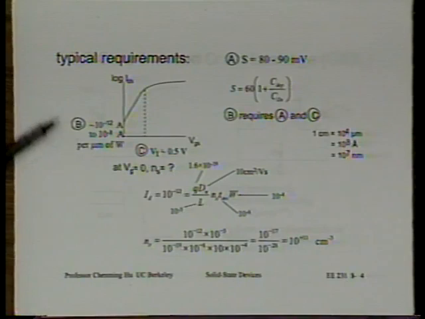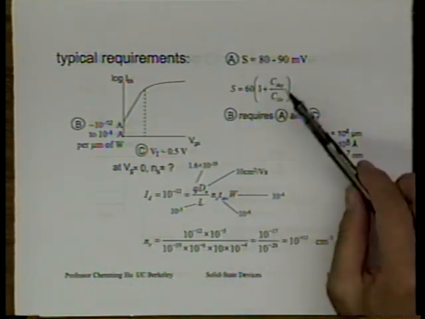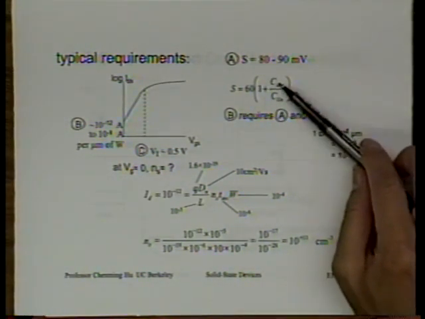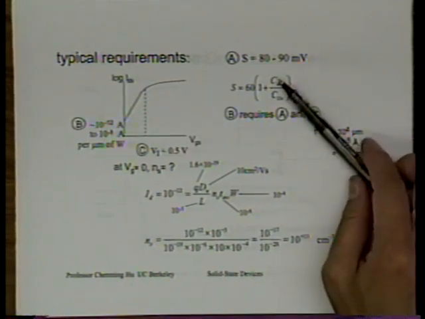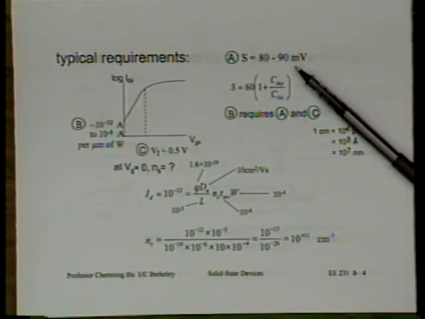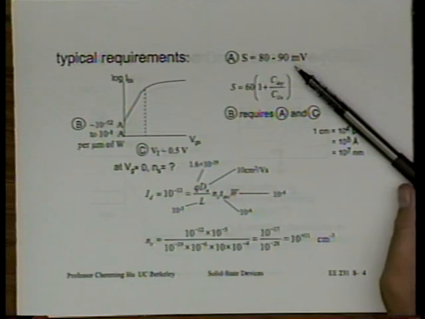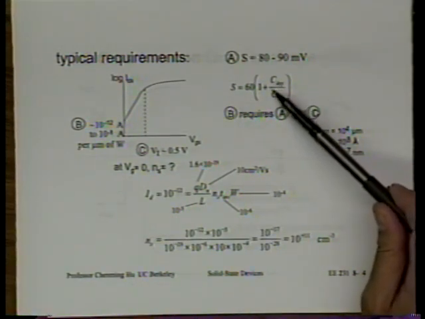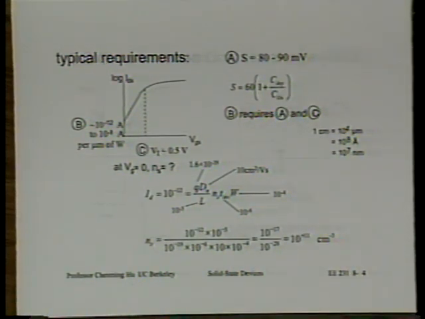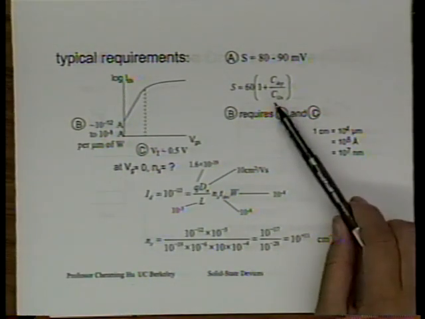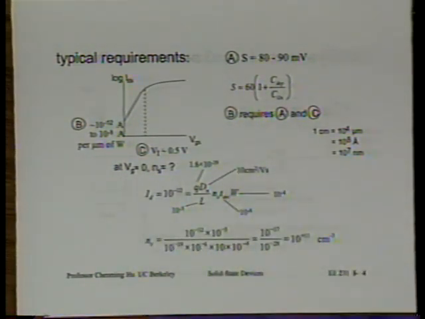All right. Now, what is typical for swing? What is the typical ratio, in other words? Well, typically, we get about 80 to 90 millivolt of swing. Now, the fortunate thing is that as a result of scaling, COX has been scaled very aggressively. As a result, we are not seeing swing increase. If anything, it might have crept down a little bit, but more or less maintained uniform.